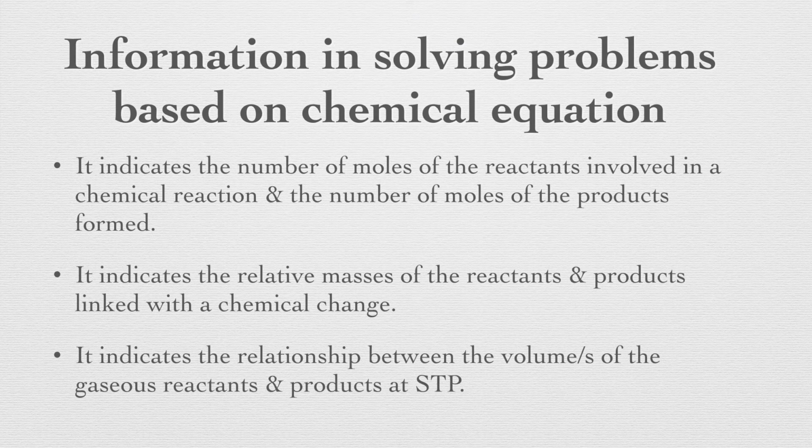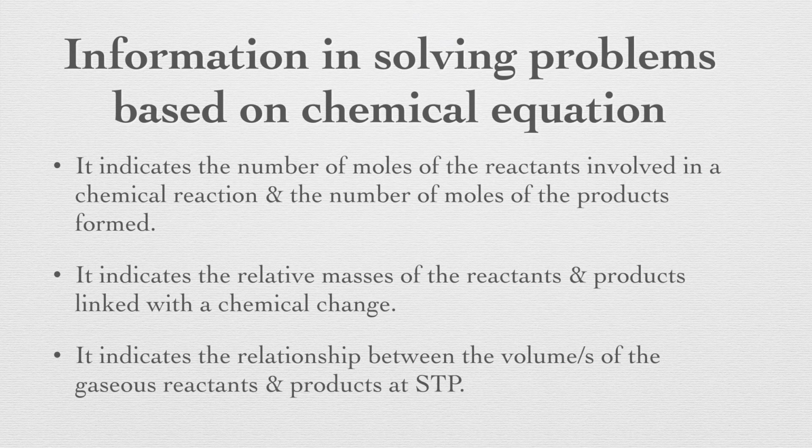Next, it indicates the relative masses of the reactants and products linked with a chemical change. And the last one, it indicates the relationship between the volume or volumes of the gaseous reactants and products at standard temperature and pressure. Basically, in a balanced chemical reaction, the coefficients are the number of moles involved.